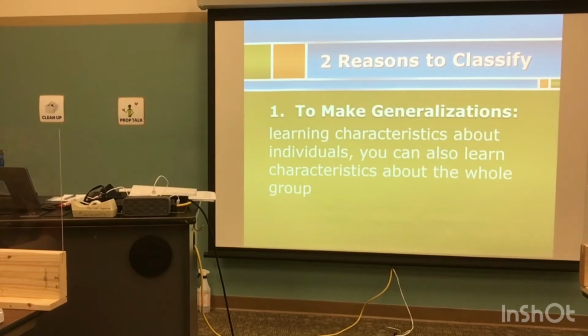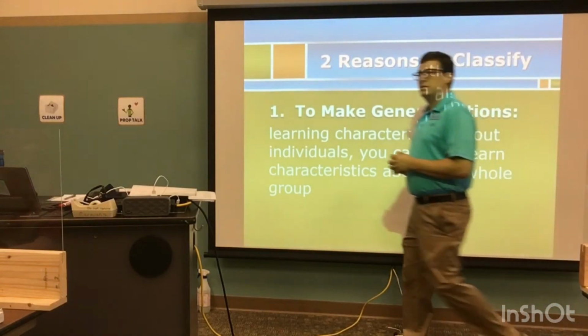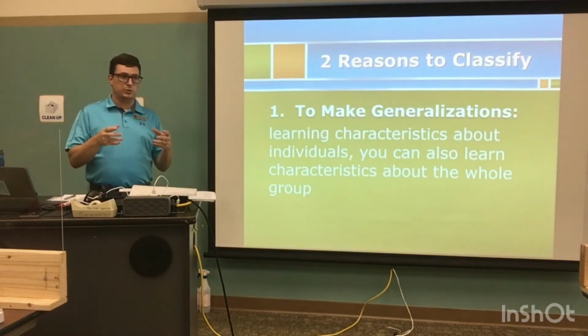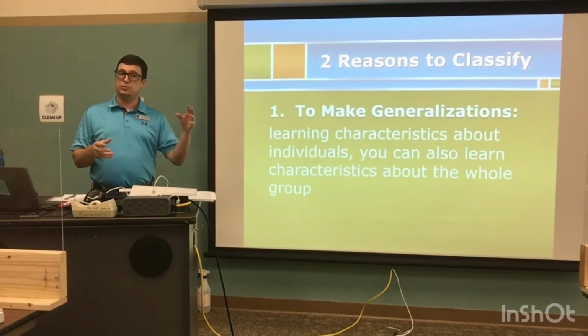So what you can do is look at characteristics about it and see if it fits into a group. And from that, learn more. So let's say you find some kind of little crawly worm-looking thing. You don't know what it is. What you can do is take characteristics about it and put it in a group to learn more.